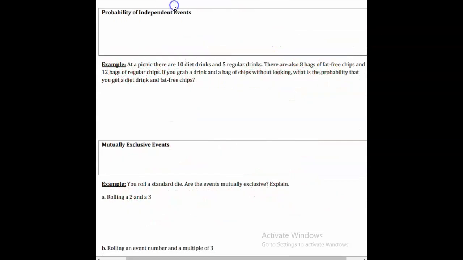So now we're going to get into probability of independent events. So notice this only works for independent events.